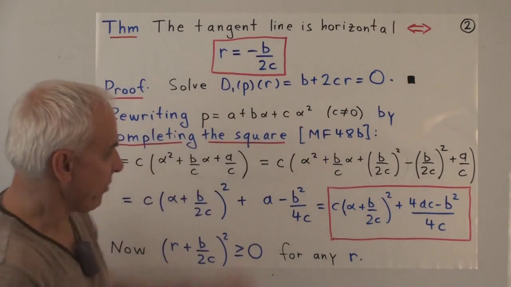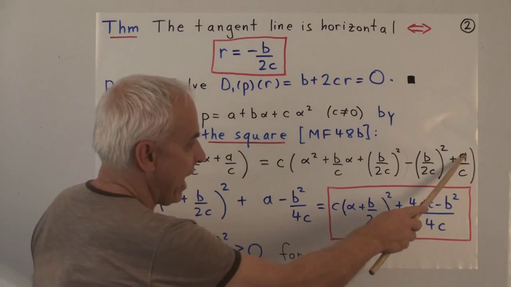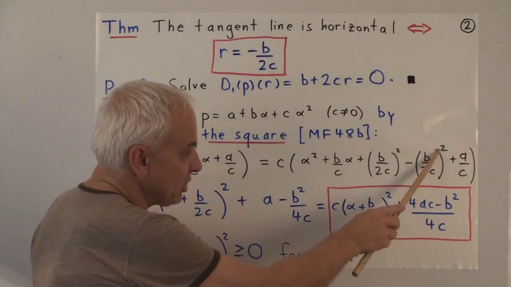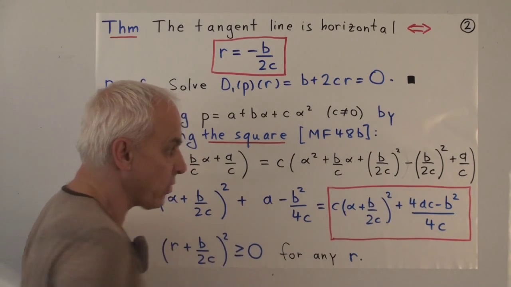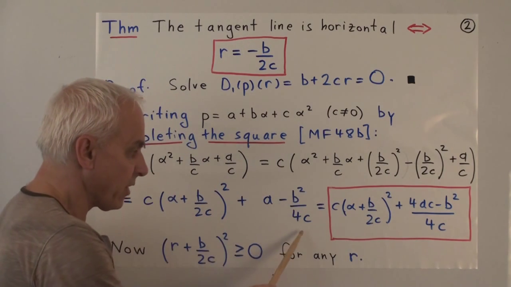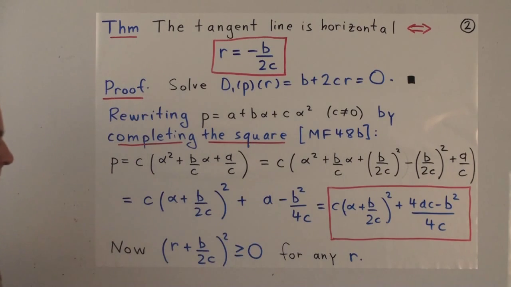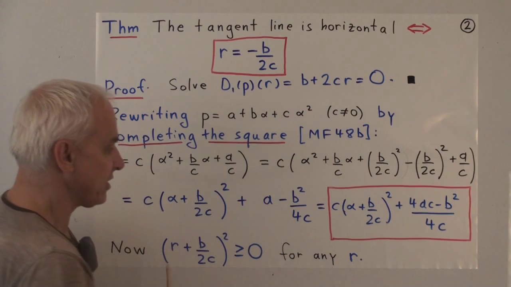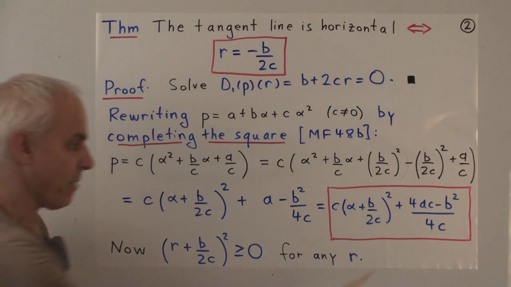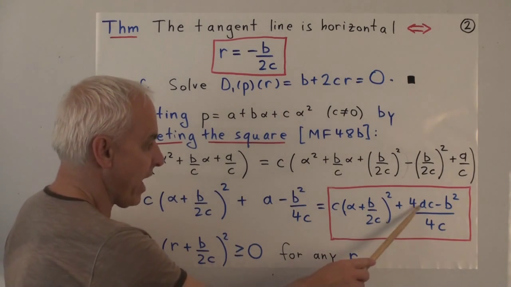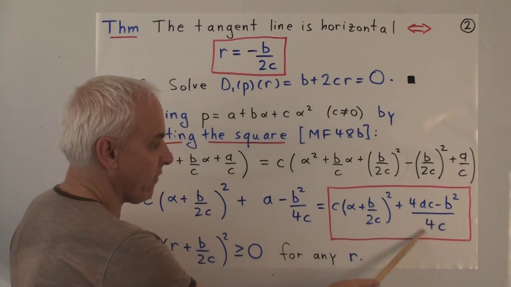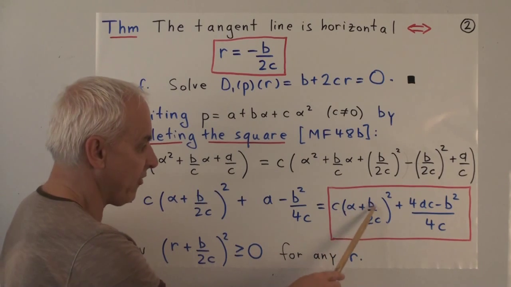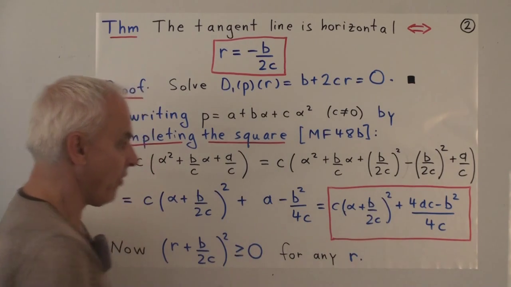When we take them outside the bracket, multiply c by a over c, we get a. And when we multiply it by minus b squared over 4c squared, we get minus b squared over 4c. I'll write that a little more compactly by taking this constant over a common denominator, 4c. So we get 4ac minus b squared all over 4c as the constant term there, and c times alpha plus b over 2c all squared.